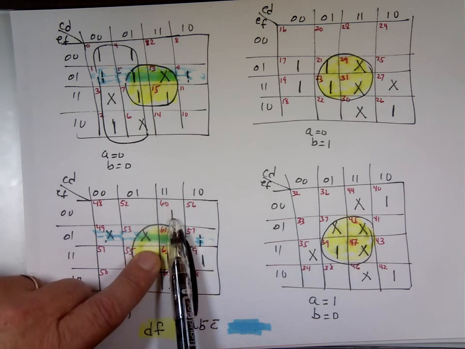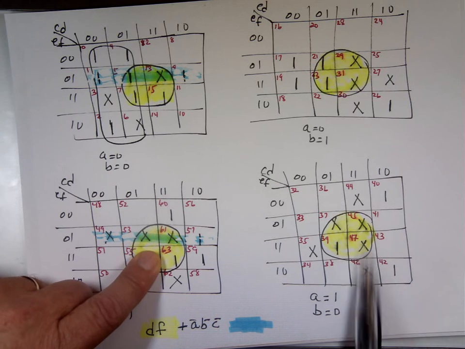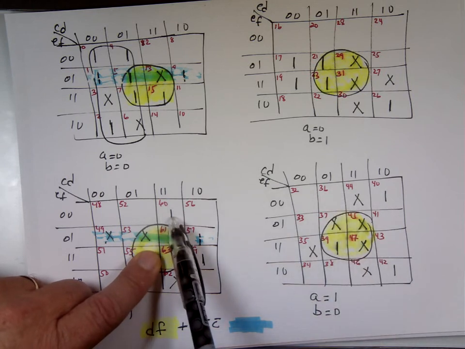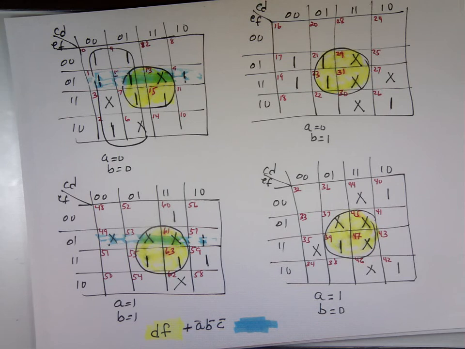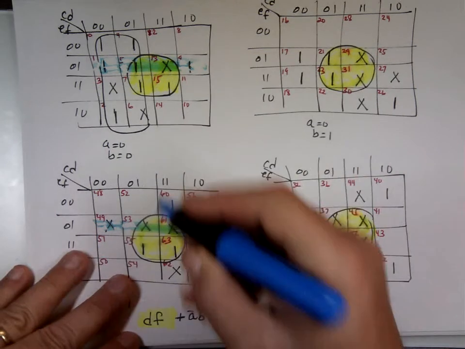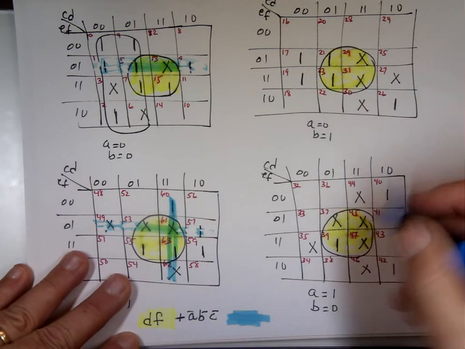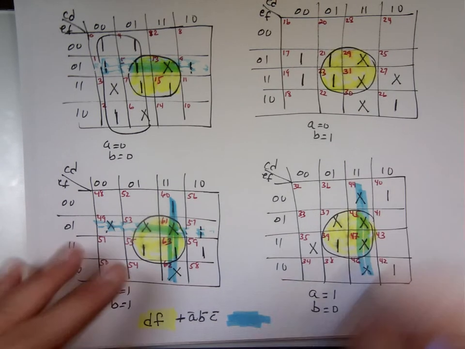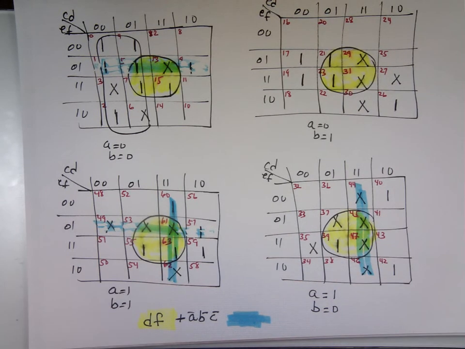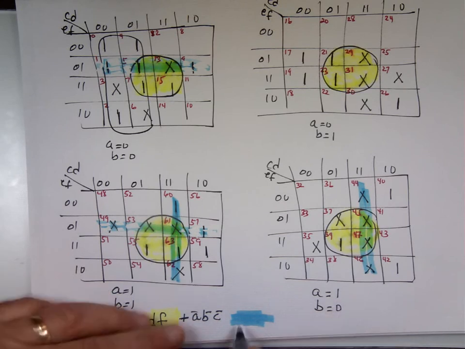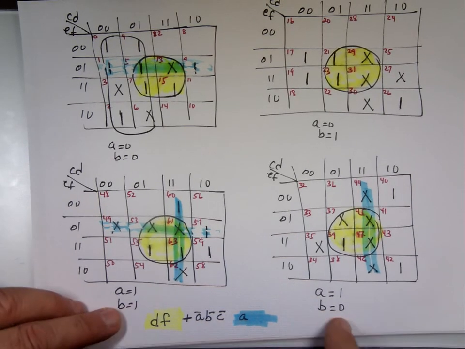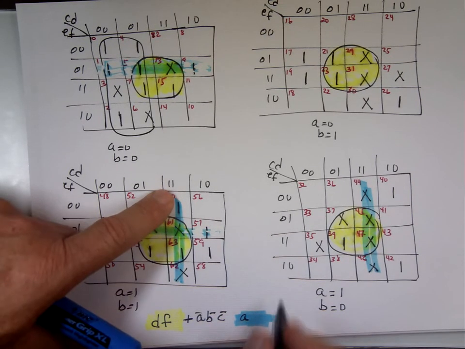That will get that one on the top. So let me change my blue color to this now. Those are next to each other. And if you look at A went from 1 to 1, A stayed the same. B from 1 to 0, B is changing. C is 1, D is 1, E and F are changing.